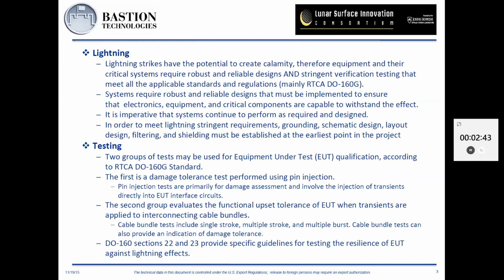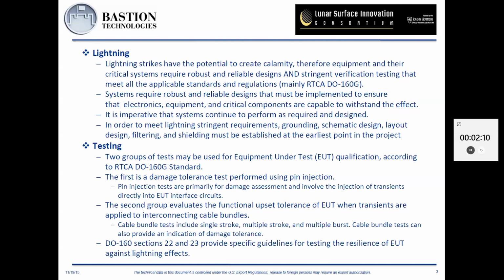Systems require a robust and reliable design to ensure that they will withstand the effects of lightning, and it is also imperative that systems continue to perform as required and designed. This is the combination of reliability and resilience. In order to meet the stringent lightning requirements, again, grounding, schematic design, layout design, filtering, and shielding must be established at the earliest point in the project.